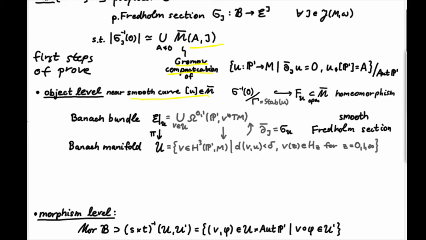So near a smooth curve, we did this whole exercise of fixing marked points and doing slicing conditions. That gave us in fact a Hilbert manifold in the base, and a d-bar operator that's a Fredholm section and perfectly smooth, if I'm honest. So when I take these 0-1 forms, I actually mean the H2 closure.